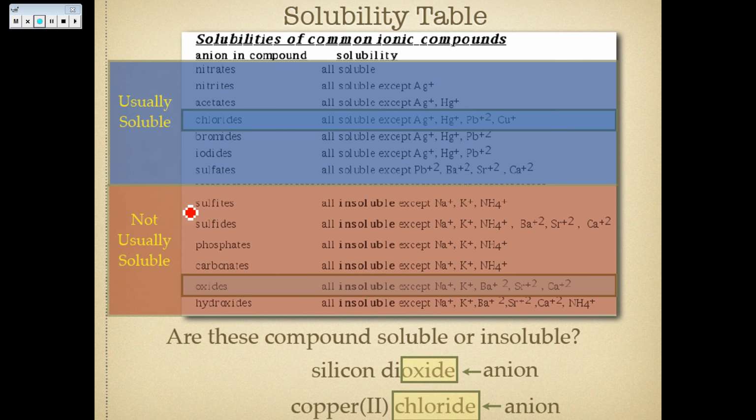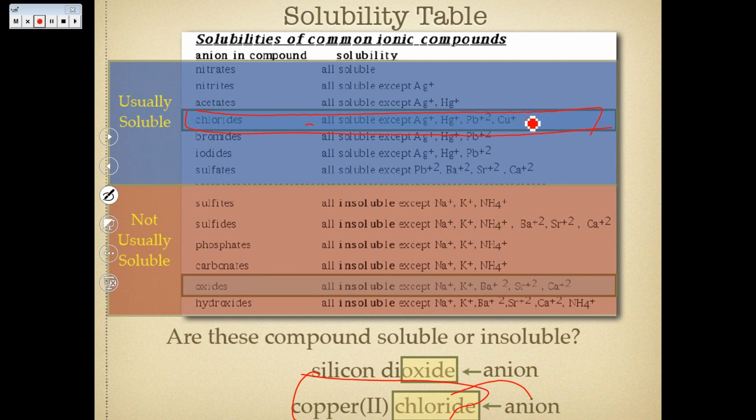And again, notice that the bottom part of the table is written in insolubilities with soluble exceptions. The top part of the table is written with things that are soluble with exceptions that would be solid. So let me show you the second one. We have copper chloride. The anion is chloride, so you go over to the chlorides, right here. It says everything is soluble with chloride except silver, mercury, lead, and copper.